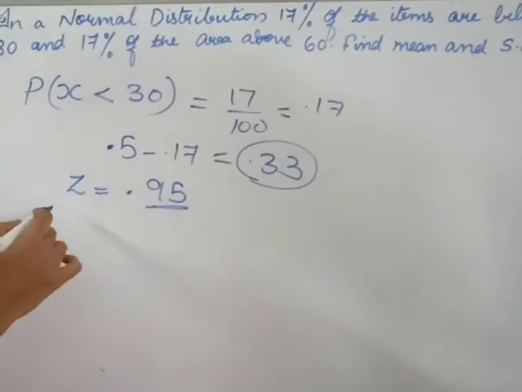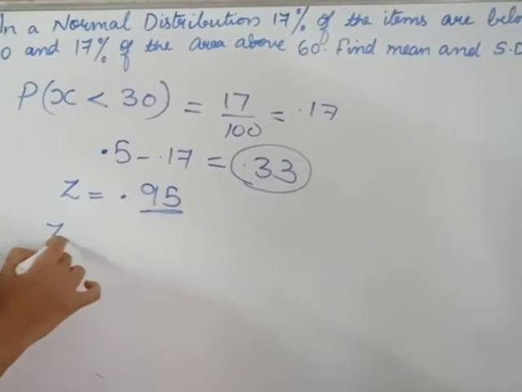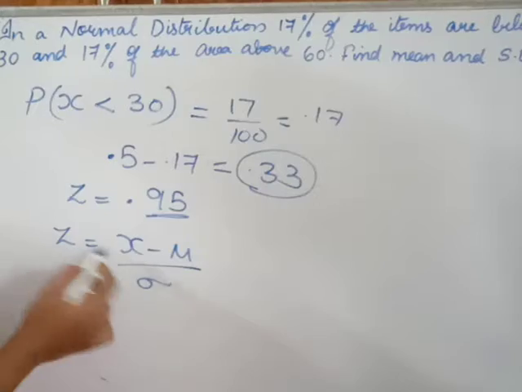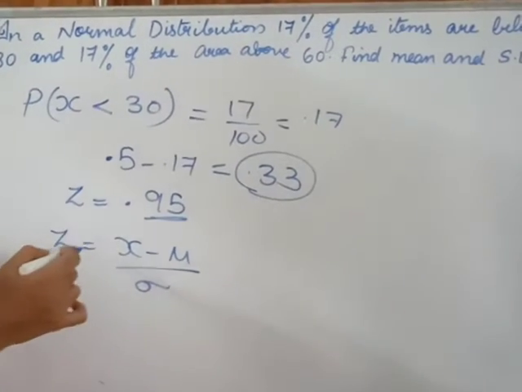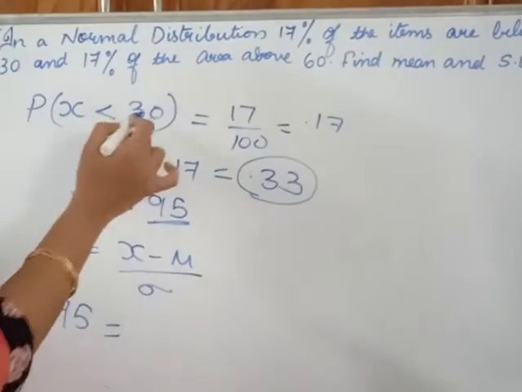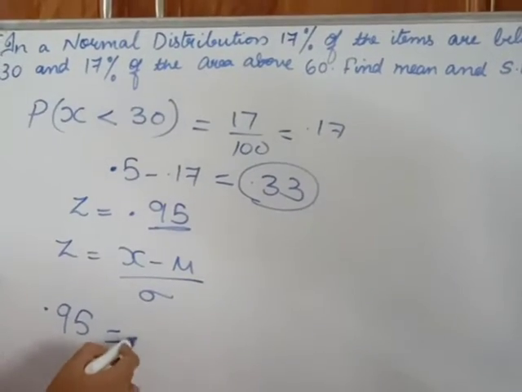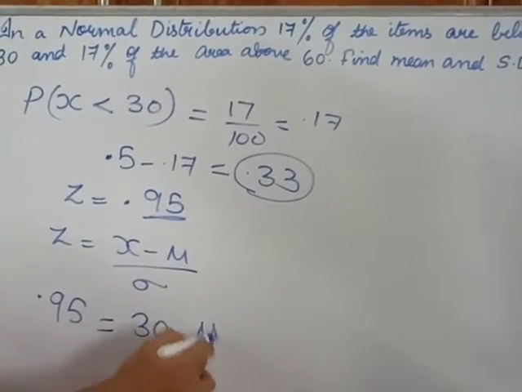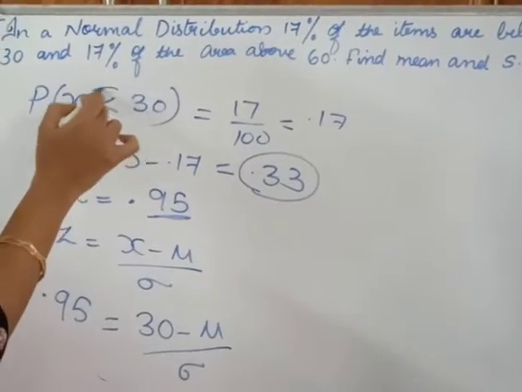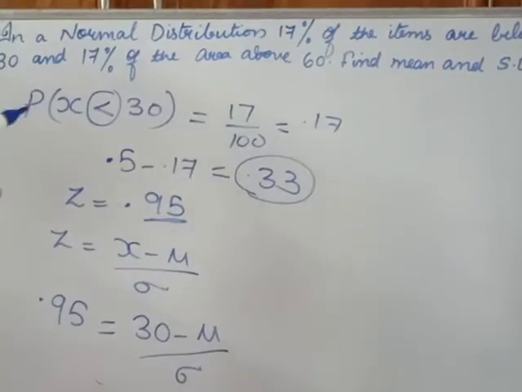Okay. Now, our formula of Z is what? X minus mu by sigma. We don't know the value of mu and sigma, but now we got the value of Z as 0.95. And what is your X value? It is 30, right? 30 minus mu by sigma. But here there is one problem because they have given less than. Yesterday also I mentioned the same.